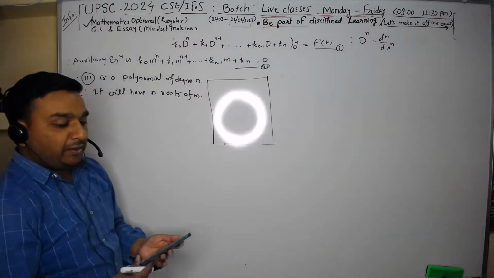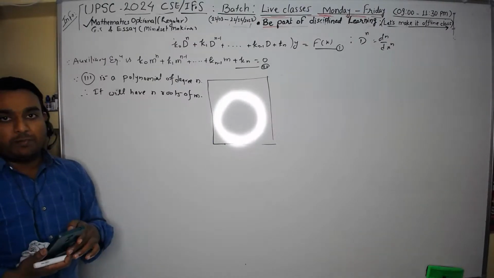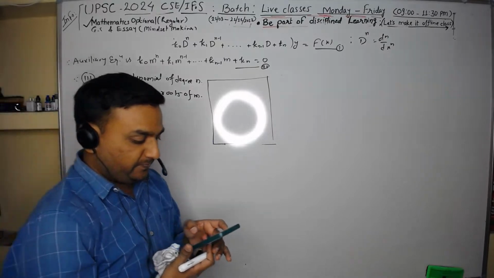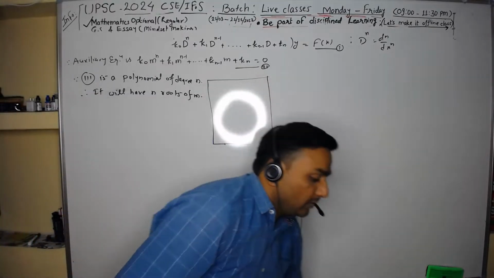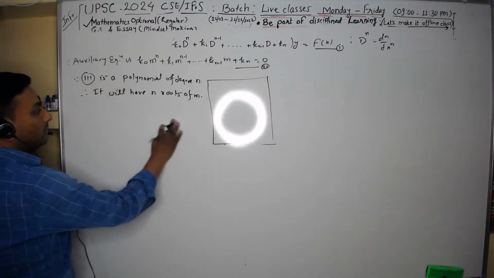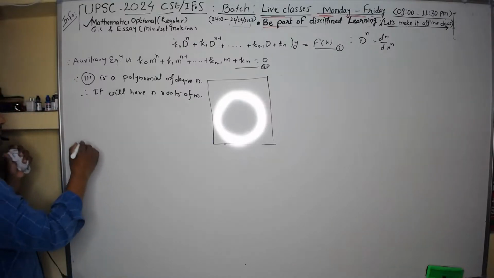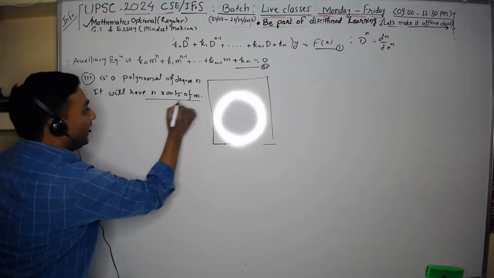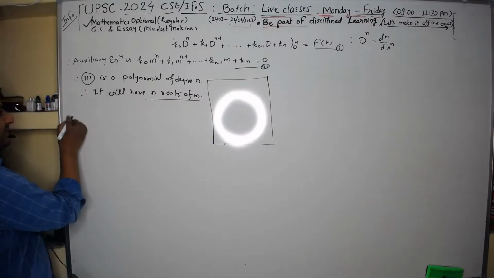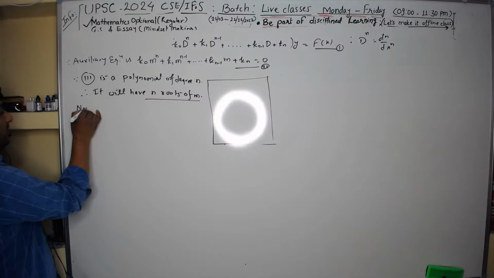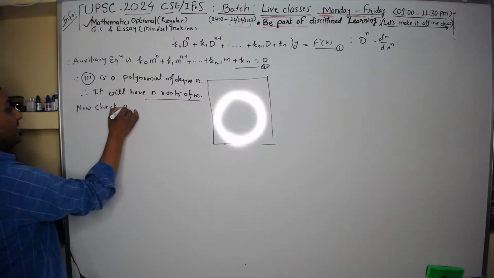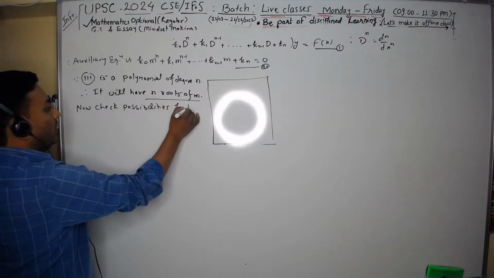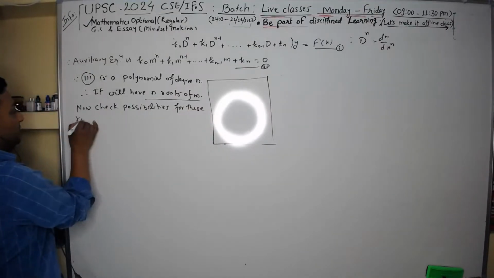So if you have a polynomial of degree 2, so obviously it will have two roots. Class में हुआ था बहुत बार. चलिए, देखिएगा, it will have n roots of m. Now check the possibilities for these roots.